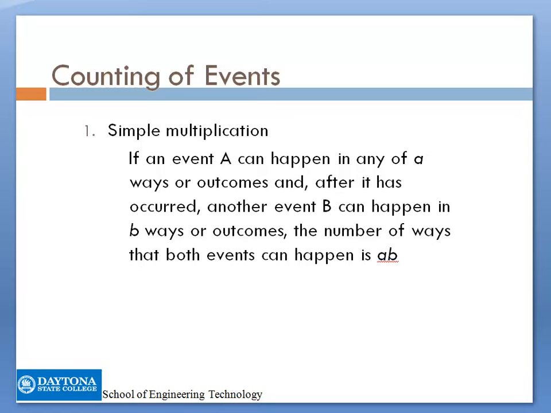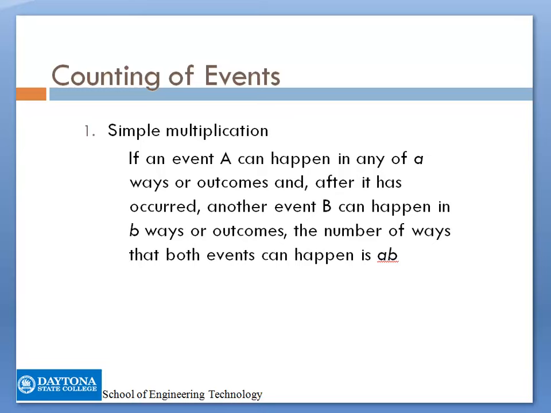So now let's review the different counting of events rules. And to understand this, just know that many probability problems, such as those in which the events have uniform probability distributions, and this is just a type of distribution that is constant, can be solved using counting techniques. And there are 3 counting techniques commonly used in the computation of probabilities.